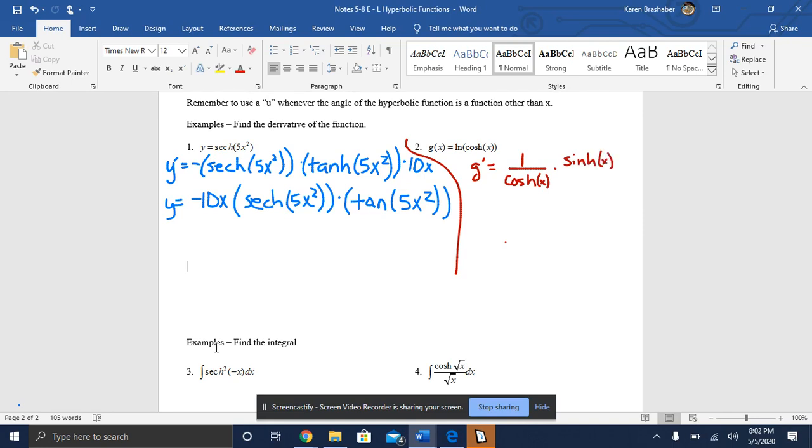And so g prime could equal hyperbolic sine over hyperbolic cosine. And that could simplify to hyperbolic tangent of x.